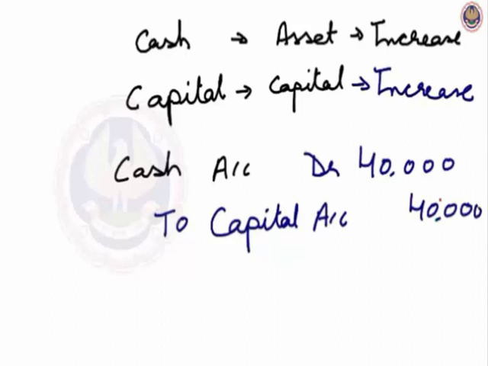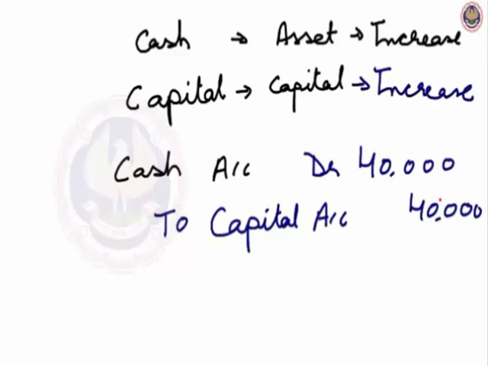So in the first transaction, Ajit is the owner. He started business with rupees 40,000. So in the business, cash has increased. Cash is an asset. Whenever cash increases, an asset is always debited. So cash account is debited, and simultaneously the capital invested by the owner also increases.